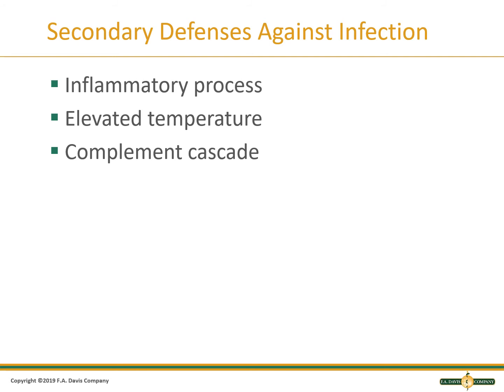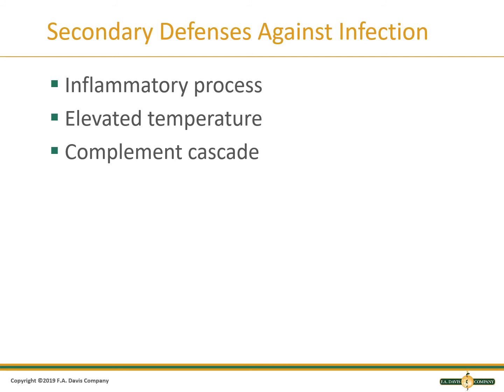The blood vessels also become more permeable to allow an increased number of white blood cells, or phagocytes, into the injured area. These phagocytes surround the invading pathogens and eat or consume them. So that's the inflammatory process.